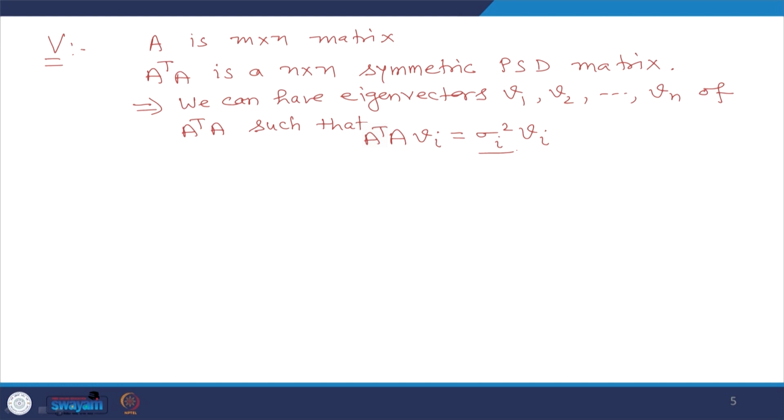Because it is basically lambda i, the eigenvalue of A transpose A.